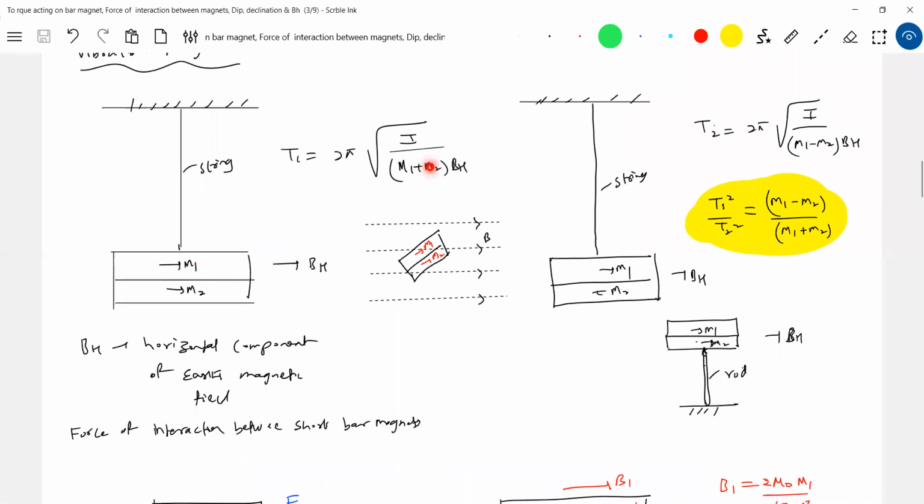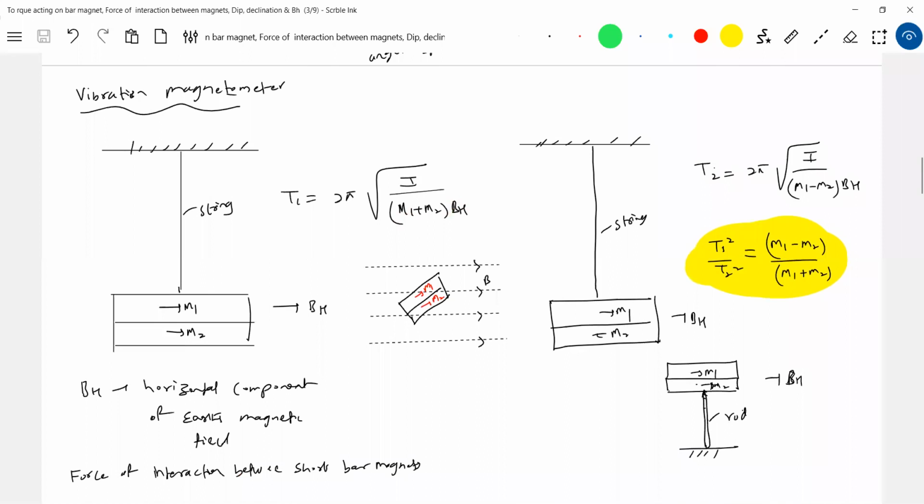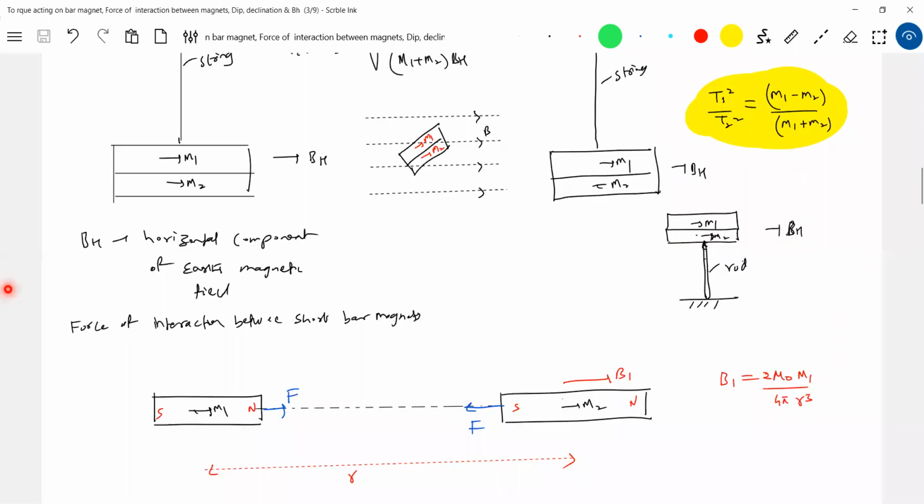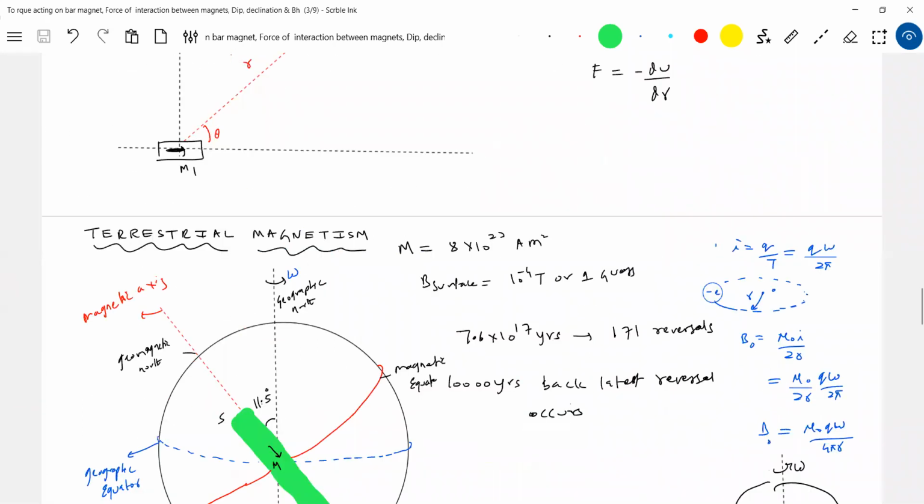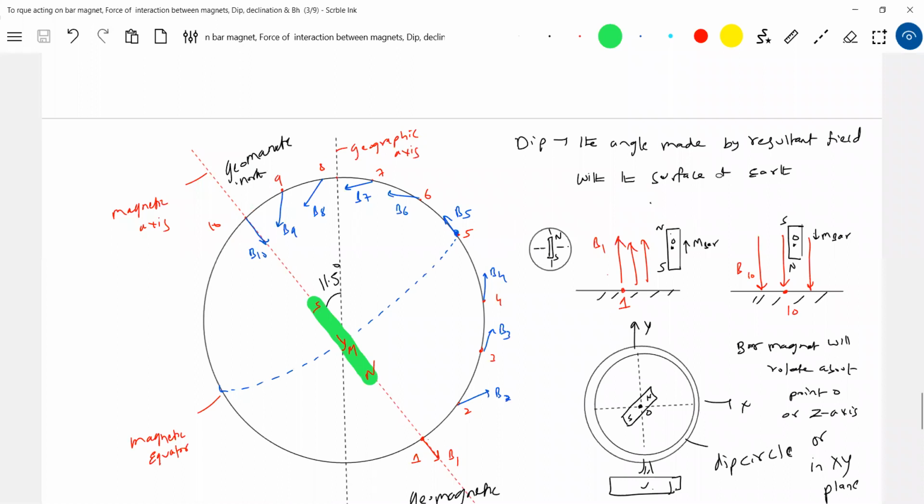Then here I remove M2. Then I'll measure the time period. I know the moment of inertia of M1. Then BH I'll come to know. So can we measure the Earth's horizontal component of magnetic field by using a vibration magnetometer, by using this setup? Agree? So what is BH? BH is measured using a vibration magnetometer.